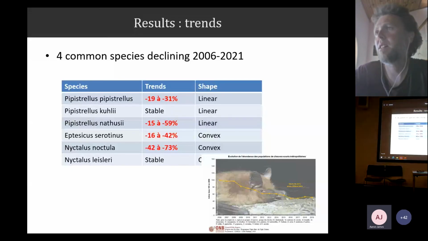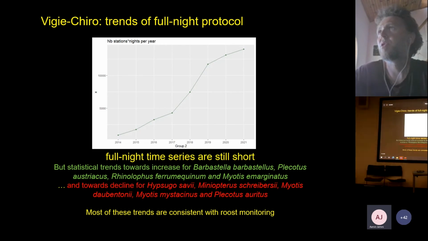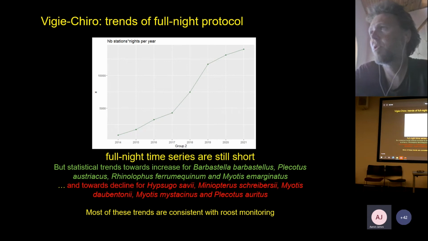And on this data, we are now able to calculate the trends of 6 species of bats, of which 4 are declining, some really strongly, and it is feeding a national indicator, the bat indicator, that synthesizes all those common bat trends, which is declining by roughly 50% during this period.